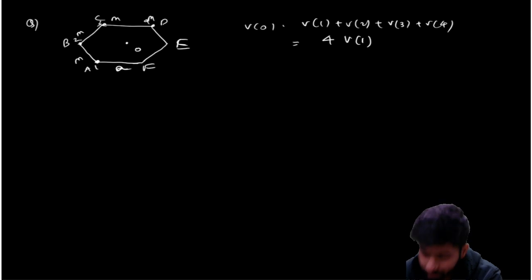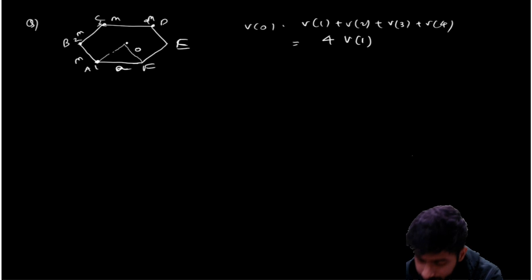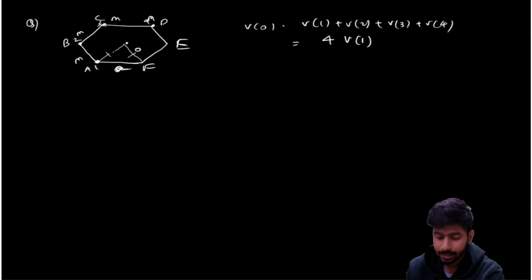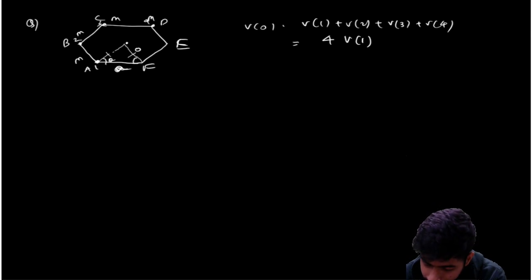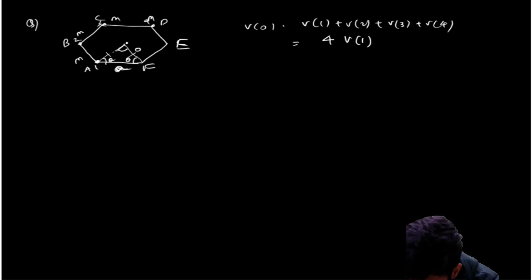Remember, because this is a hexagon, look at this triangle now. This side is A. These two sides are equal, right? These two angles are equal. What about this angle? This angle is 1/6 of the total 360, because there are 6 parts: 1, 2, 3, 4, 5, 6.